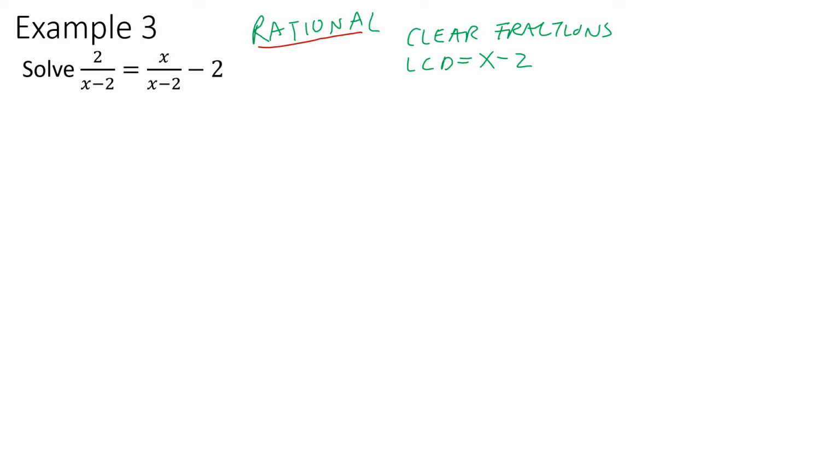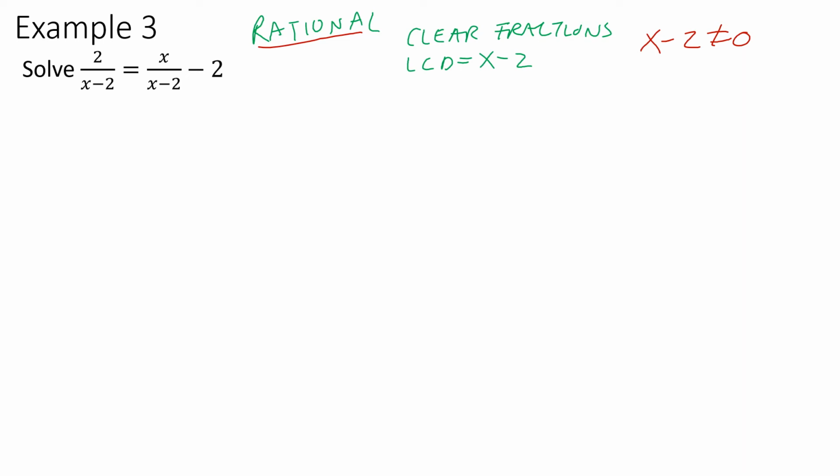You cannot divide by 0. Division by 0 is undefined. So when I'm solving a rational equation, I have to always note what x should not equal. So if I look at the quantity x minus 2 in the denominator, it should not equal 0. I don't want the denominator to equal 0.